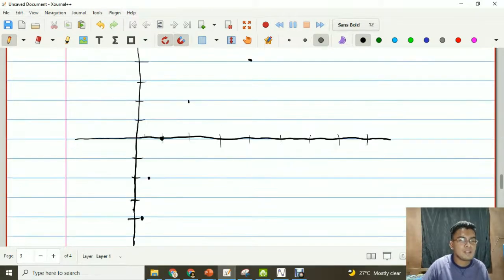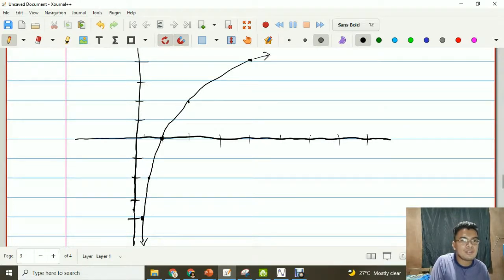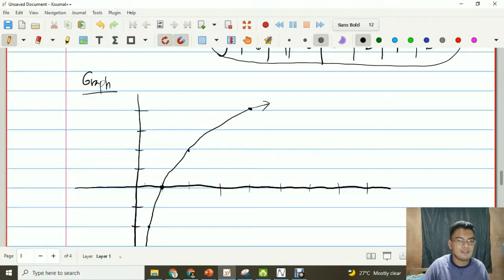So after plotting the points, the coordinates from our table of values, we connect the dots using a smooth curve. So again, sorry sa aking drawing kung hindi siya smooth curve. So this is the graph for our function.